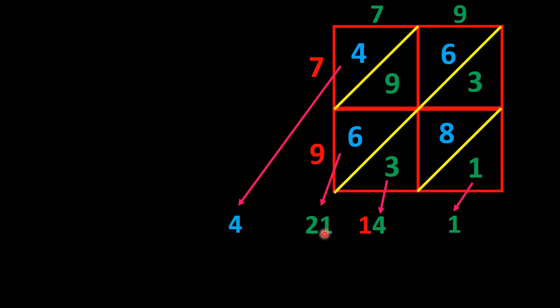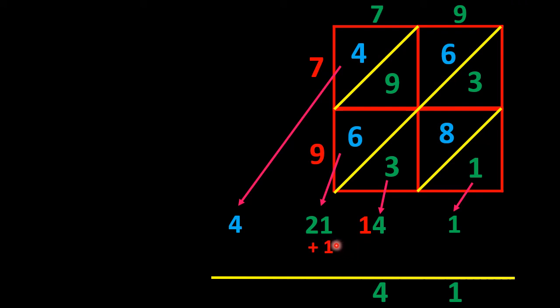Now this 4 and 1 are single digits, and 21 and 14 are double digits. Starting from the right, this one single digit we shift down, and here is a double digit, so this 4 we shift down, and this 1 we add to the next number. So 21 plus 1 is 22.